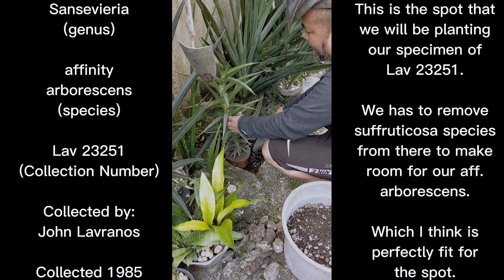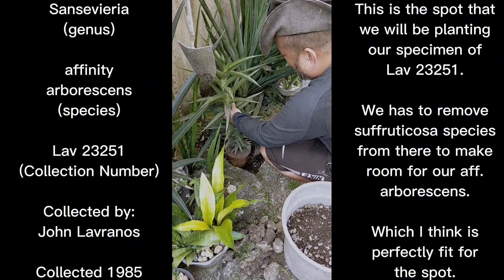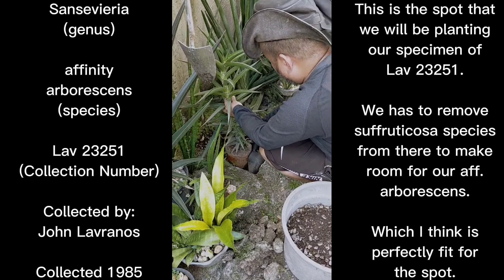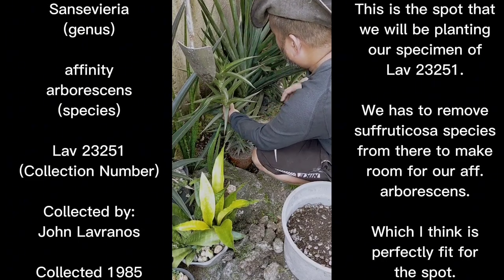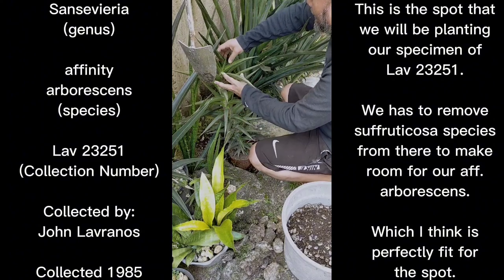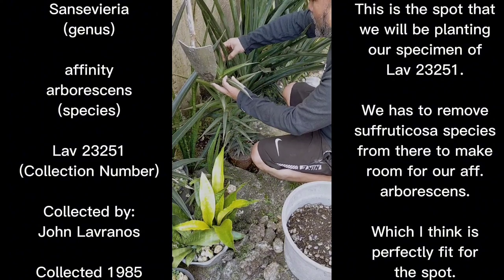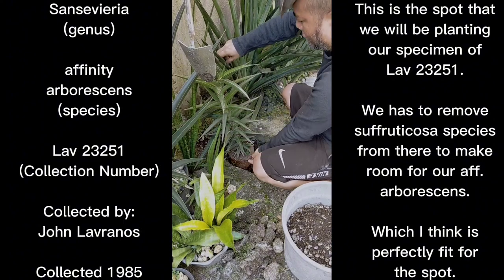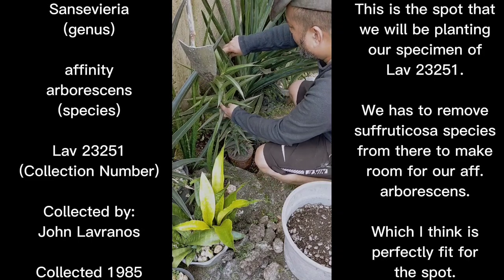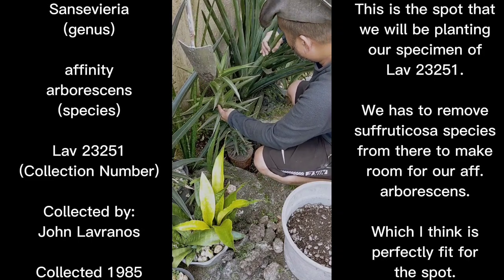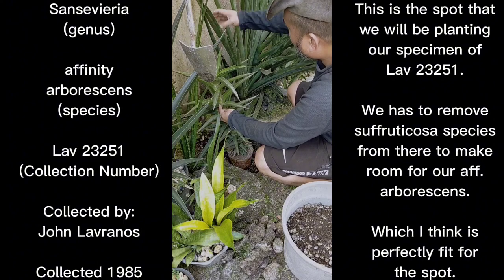Beside that, I'm positioning the leaves of the Sansevieria katana to help position the Lavranos 23251 upright without the use of any prongs or wooden sticks. Actually, the spot that we transferred it to is perfect.